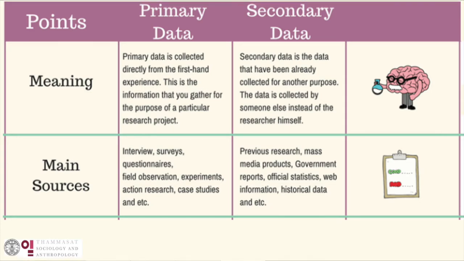This is different from secondary data, which has already been collected. It's been collected for another purpose, and it's not been collected by you, it's been collected by someone else.